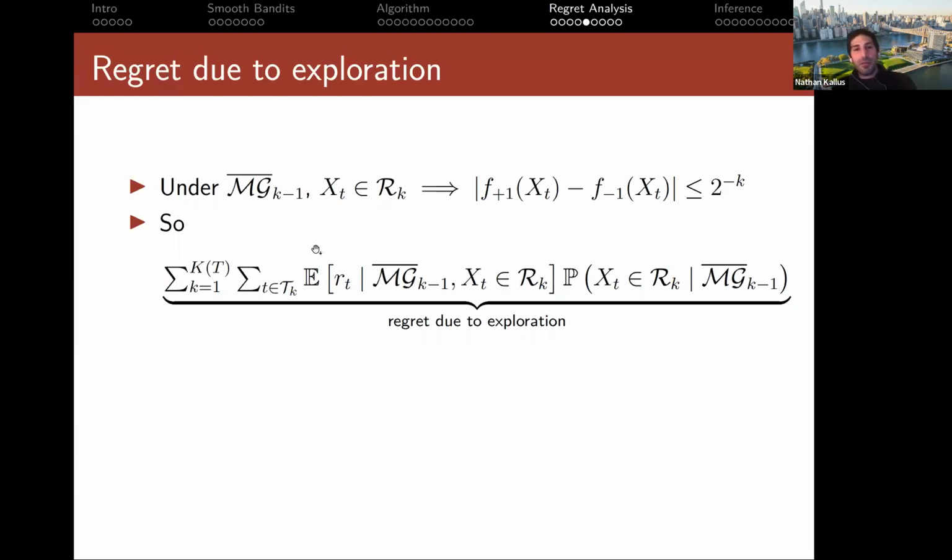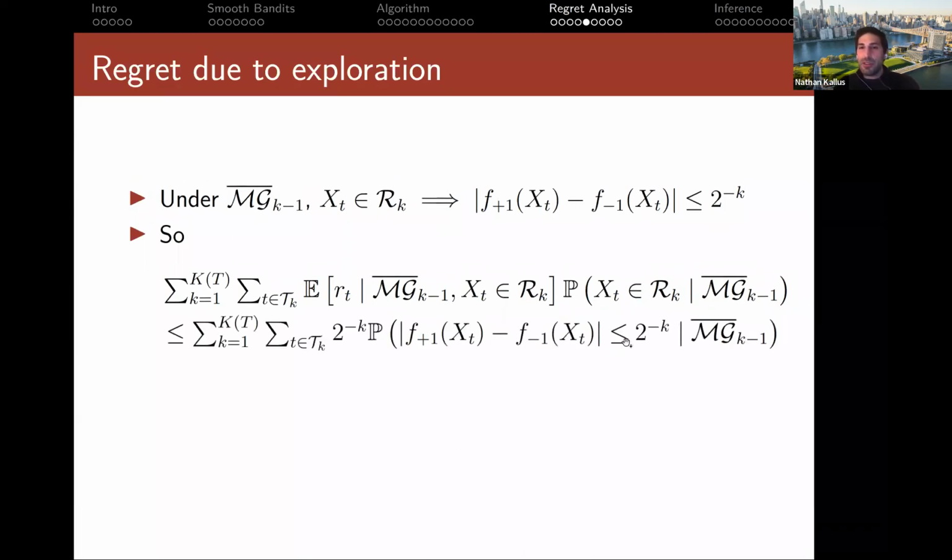So if we look at this, we can now see that this first term, the regret, is bounded by 2 to the minus k. And this probability is bounded by the probability that the effect function is small. Now, this probability is just a statement about the exogenously drawn random variable xt, and has nothing to do with the history. We can remove the conditioning. And now we recognize that this probability is exactly what the margin condition controls.